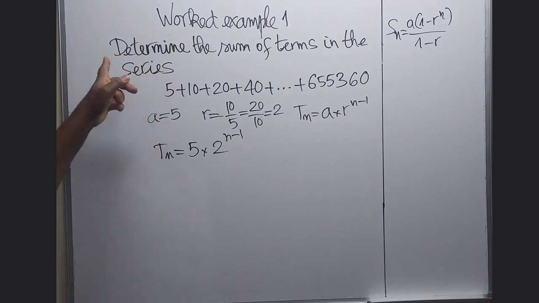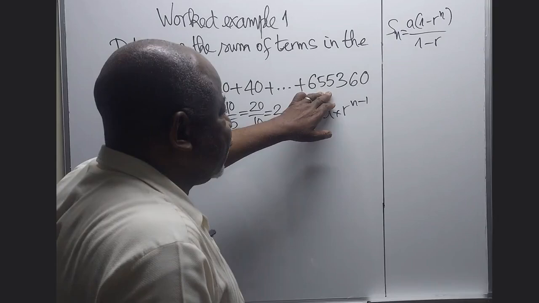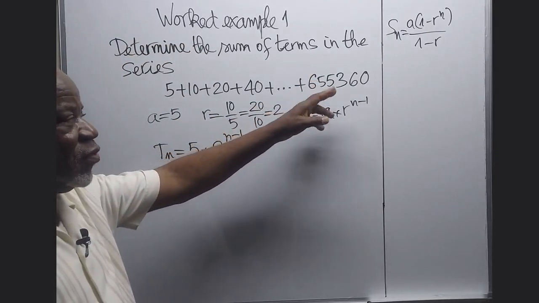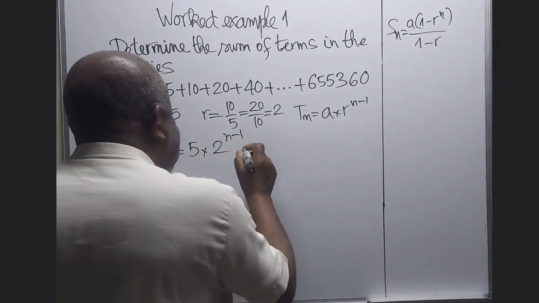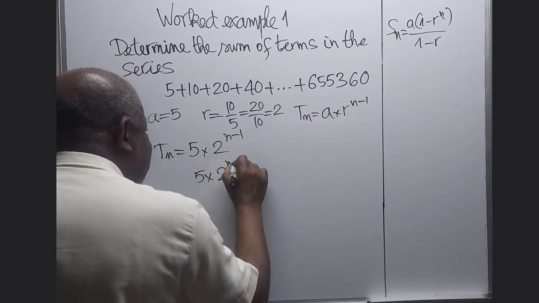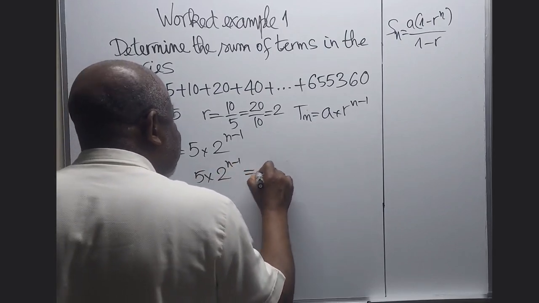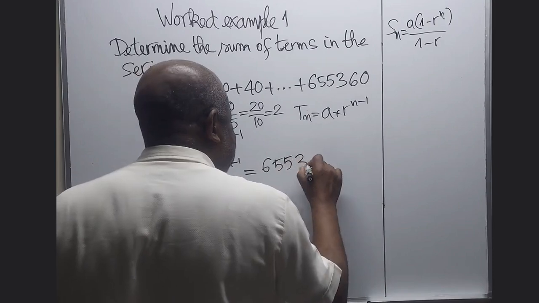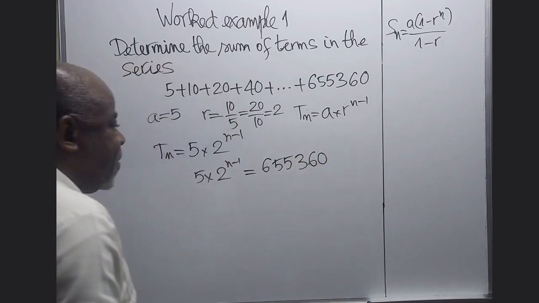As we can see in our series here, the last term is 655,360. We're going to write it down here. 5 times 2 to the power of n minus 1 will be equal to 655,360.